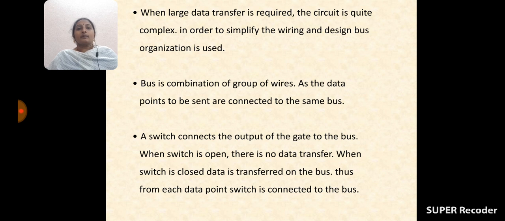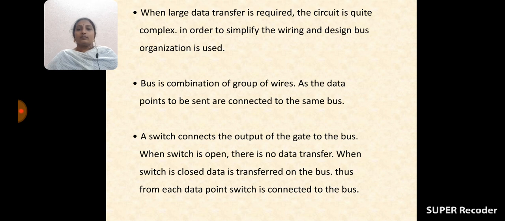The data points to be sent are connected to the same bus, and a switch connects the output of the gate to the bus. When the switch is open, there is no data transfer. So here the tri-state buffer acts like a switch.